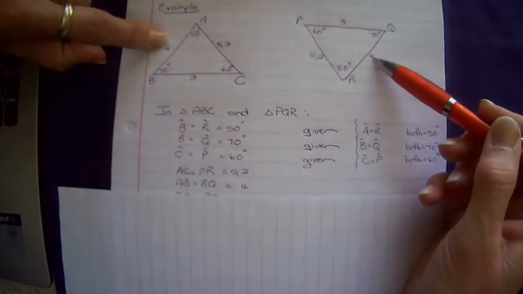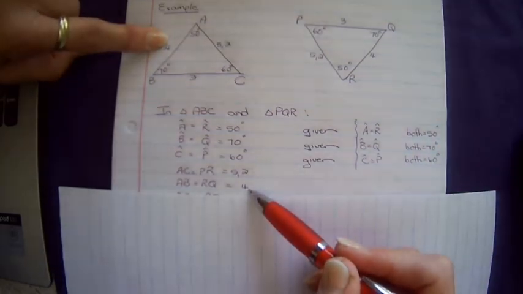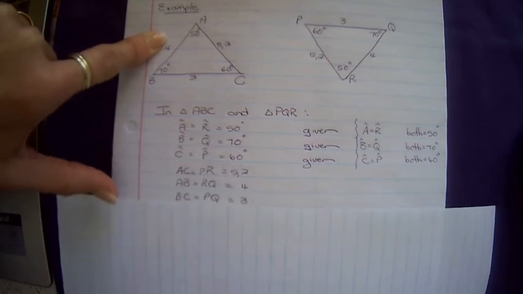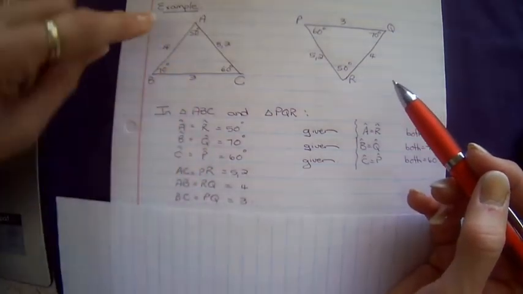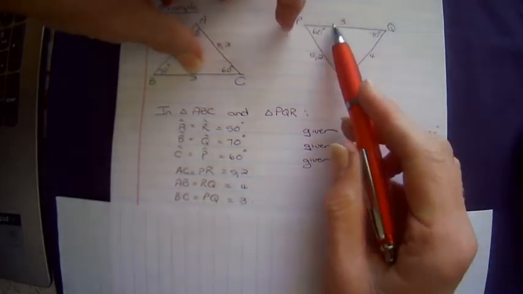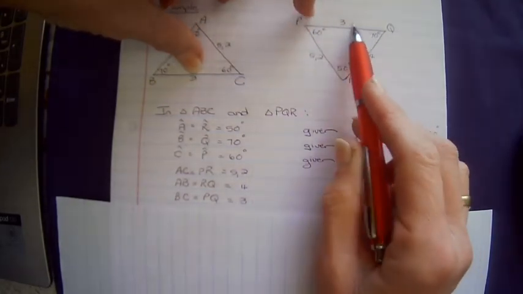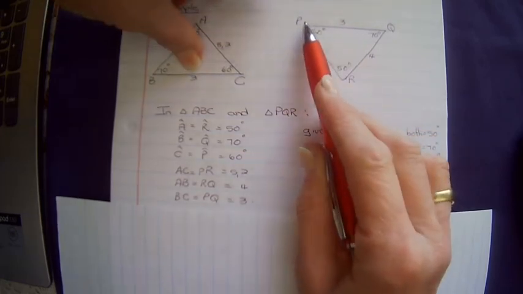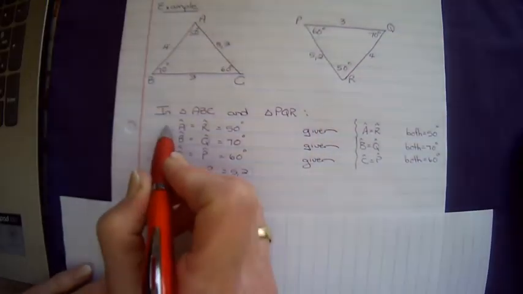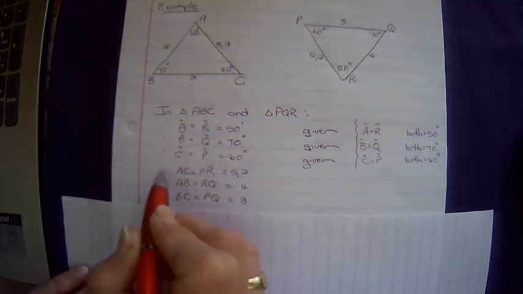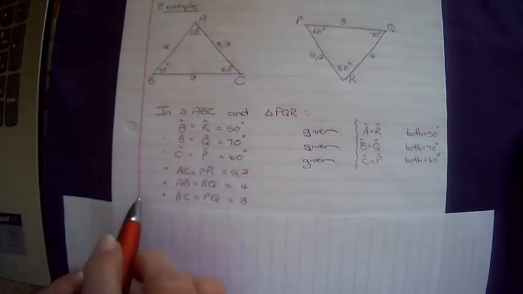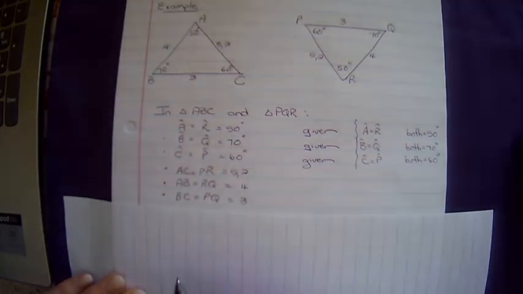That one is 4, this one is 4, so the corresponding sides are equal. And the third one, BC, is between the 70 and 60, that's 3, and between 60 and 70 on that side is also 3, so BC is equal to PQ. And now we have 3 angles and 3 sides equal to each other, which means my two triangles are congruent.